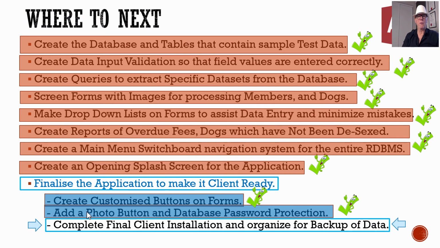And that's all good. So what have we done in our course so far? Well, we've done all of those things to make the database, and we're in this final leg of the course where we've built it and got all the functions in there, but now we're trying to get it ready to deliver to the client. So we created some customized buttons to make their life easier. We added a photo button in the last lesson so that they can just click the photo button to add a photo for a new member. And then we've added database password protection in this lesson.